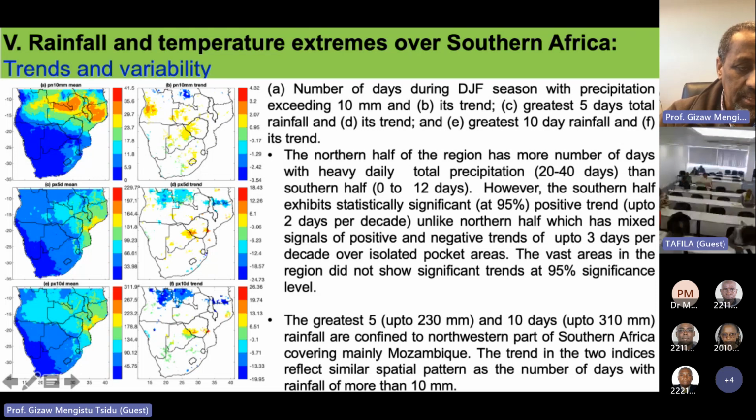Your maximum 5-day rainfall, as you can see, Mozambique is a place where you experience that kind of heavy rainfall within 5 days. And you can also go to here, maximum 10-day rainfall of 312 millimeter is observed over the same area, actually.